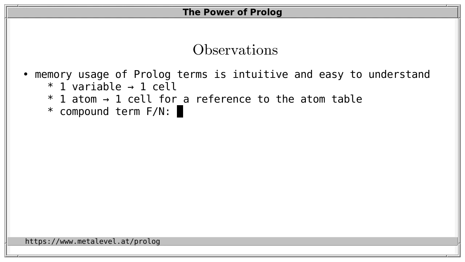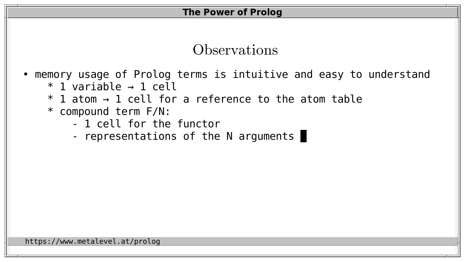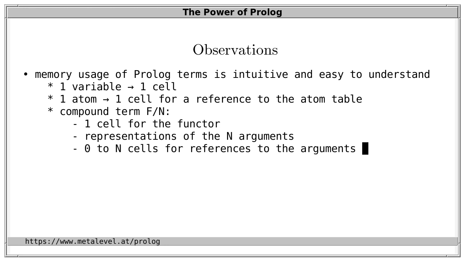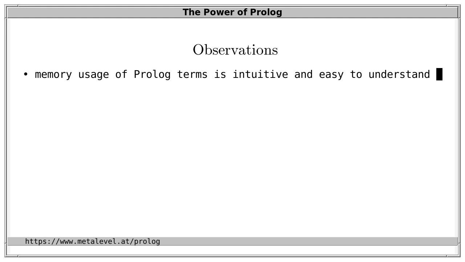And a compound term with functor name f and arity n takes one cell for the functor, for an identifier in the functor table, then the representation of each of the n arguments, and maybe 0 to n cells for references to these arguments, depending on how compactly the Prolog implementation stores the term. So, even if there are differences between implementations, it's quite easy to understand how much memory a term takes.